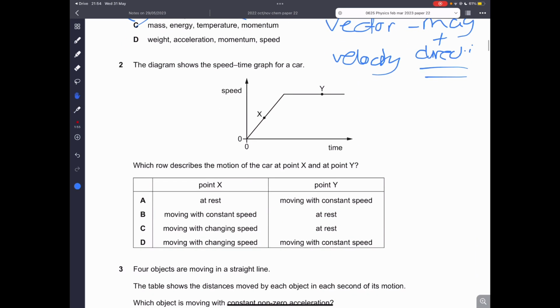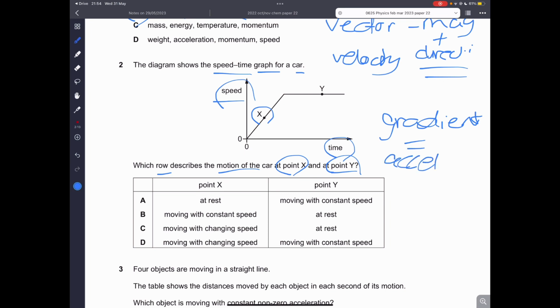Question number 2. The diagram shows the speed time graph for a car. Which row describes the motion of the car at point X and at point Y? Well, at point X, since this is the speed time graph, the gradient of the graph is going to be showing acceleration, and since the gradient is also constant, we can say that it is moving with changing speed, because the acceleration means changing velocity or changing speed.